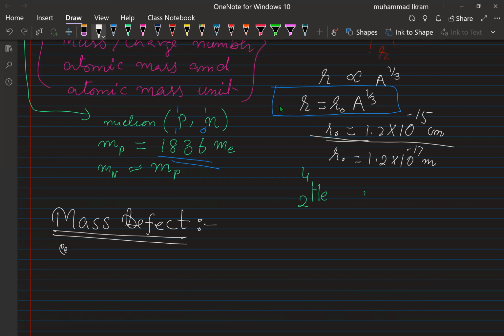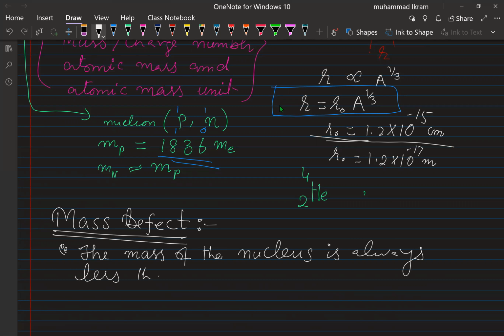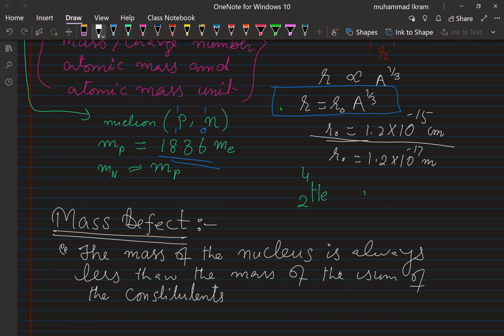I want to tell you that the mass of the nucleus is always less than the sum of the masses of the constituents of that nucleus.